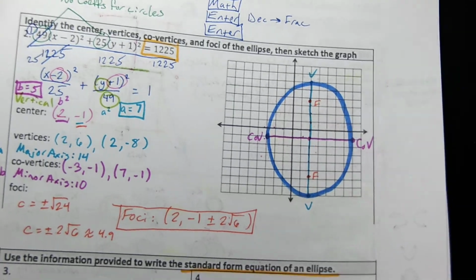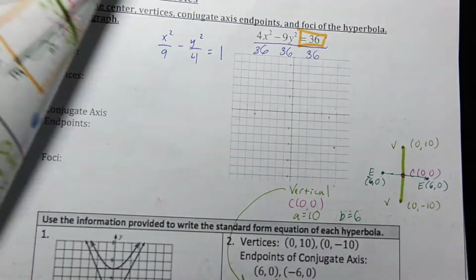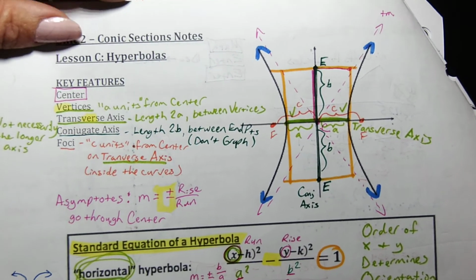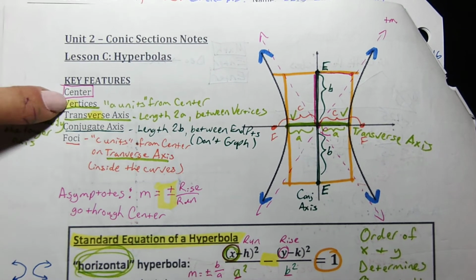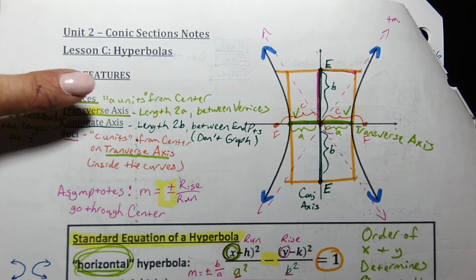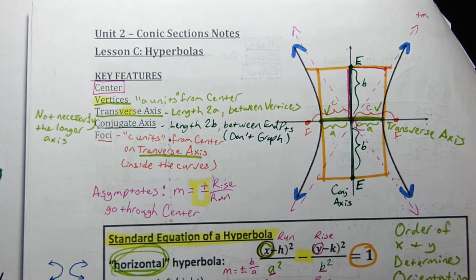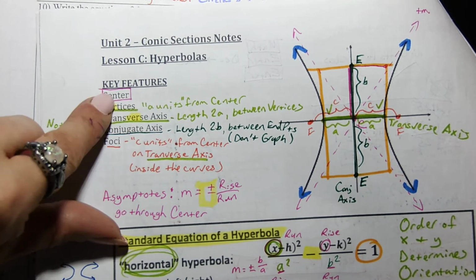So if we flip to the hyperbola, we notice some of the awkward similarities. The vertices are still a units from the center, but instead of having a major axis, it has a transverse axis connecting the vertices.